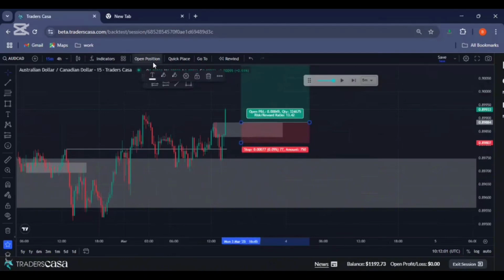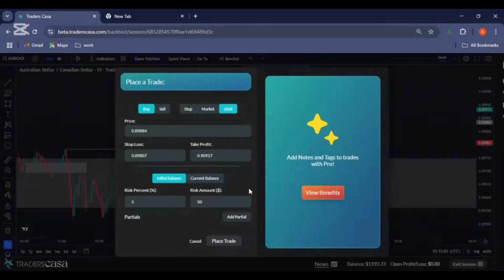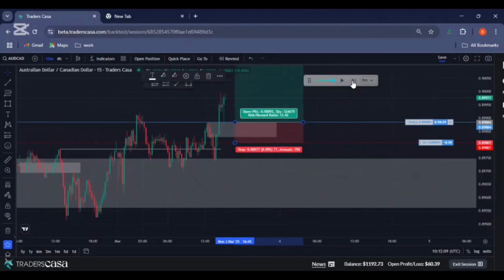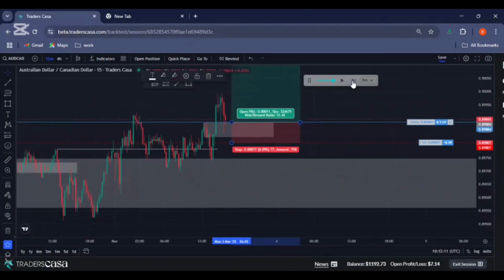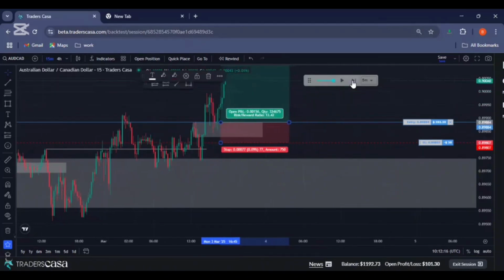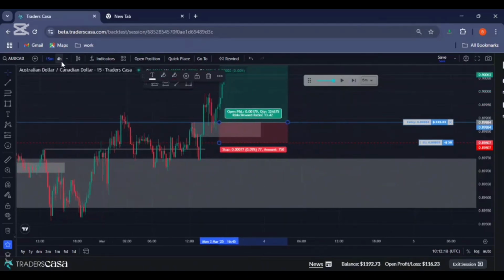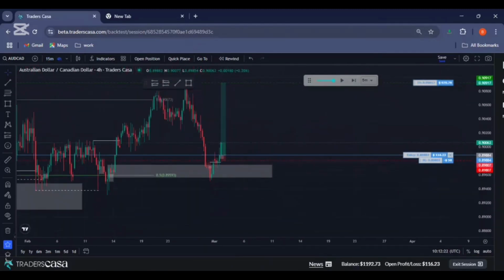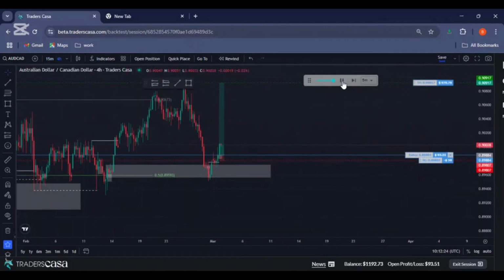Just the same trade, the same risk. Okay, we are in the trade now. Okay. It's like we are on the move now. Let's see if we get to take profits.